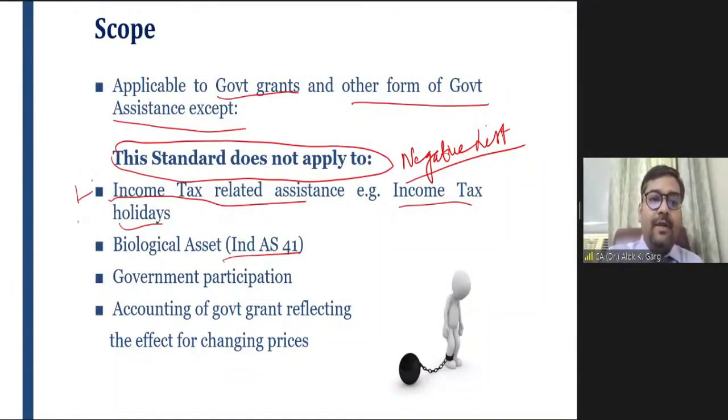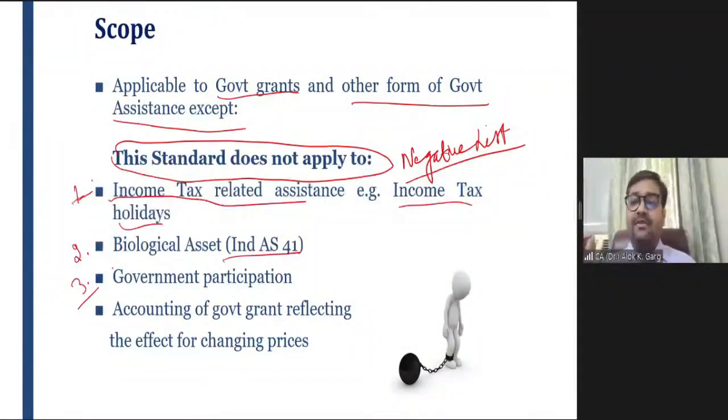Third, government participation. What is meant by government participation? For example, the government is the promoter or owner of a company. Can you name a company where the government is a promoter or owner? Delhi Metro Rail Corporation Limited, DMRC.